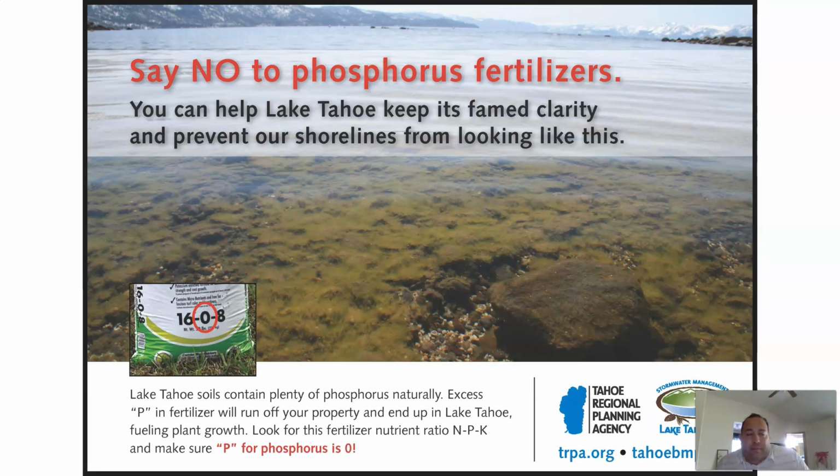But you really want to make sure, as we talked about before, that you're using the right fertilizer in the right place. For instance, the soils around Lake Tahoe contain plenty of phosphorus naturally. If they get too much phosphorus or some runoff from phosphorus, it's going to be damaging to the ecosystem.